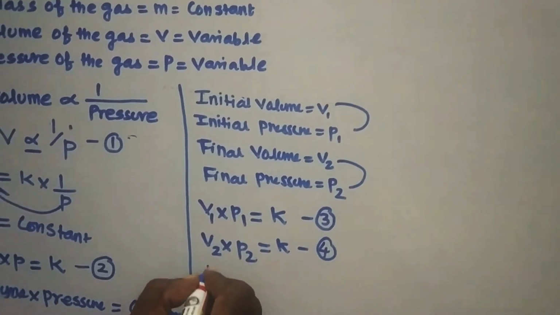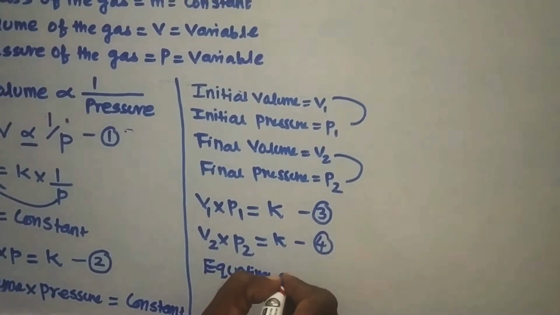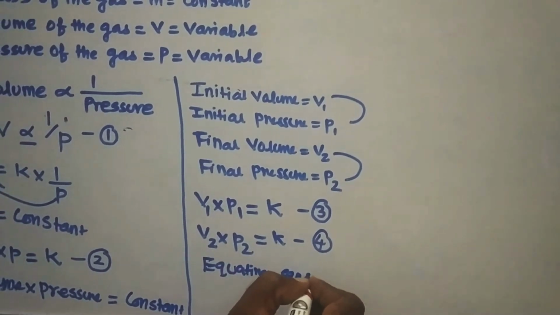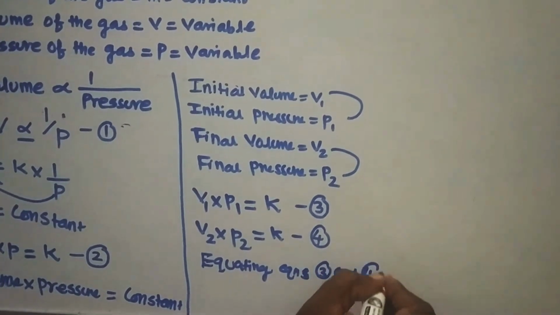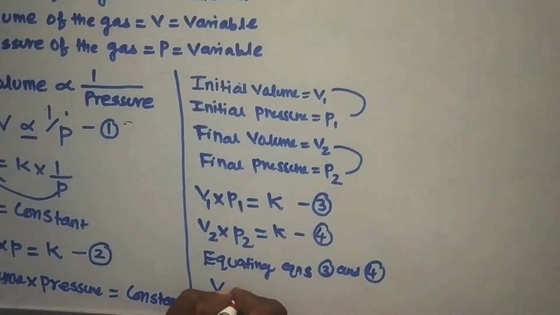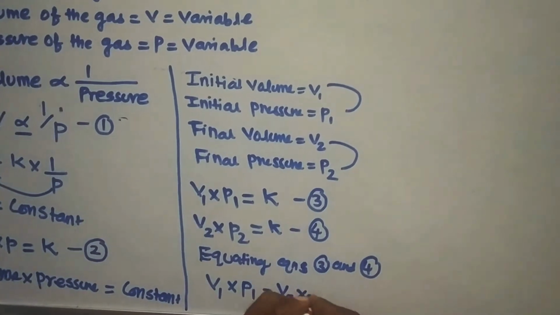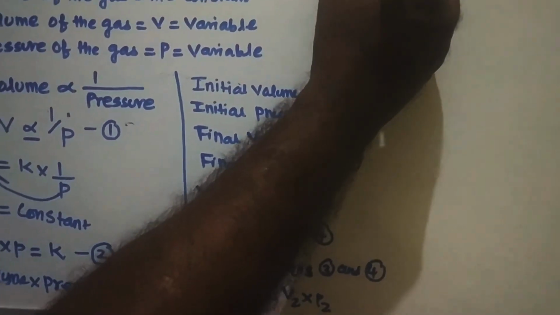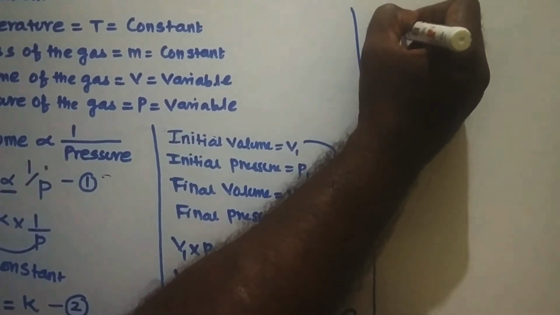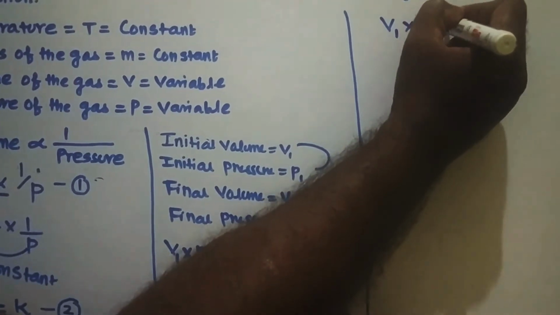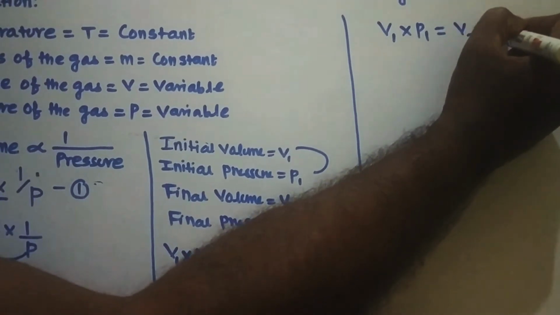Therefore, by equating equations 3 and 4, V1 into P1 is equal to V2 into P2.